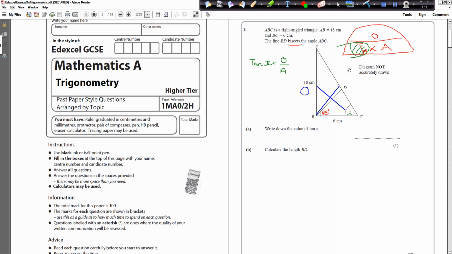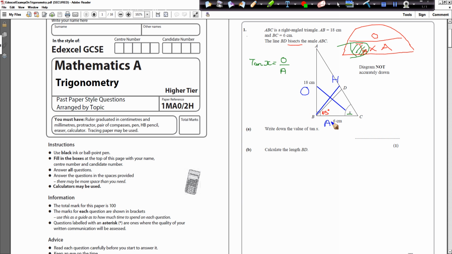H. Okay, excellent. That is the hypotenuse. So the leftover side has to be the adjacent.